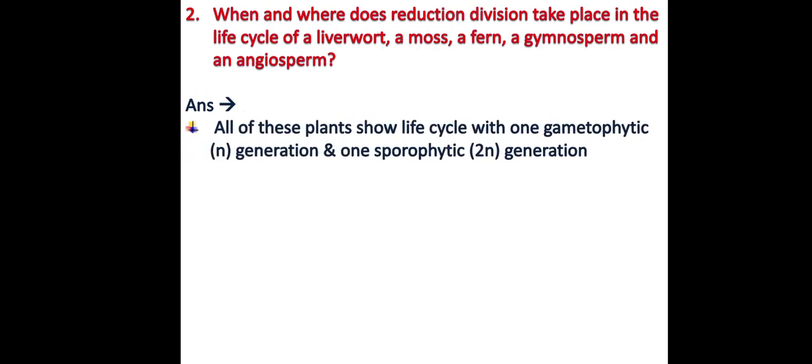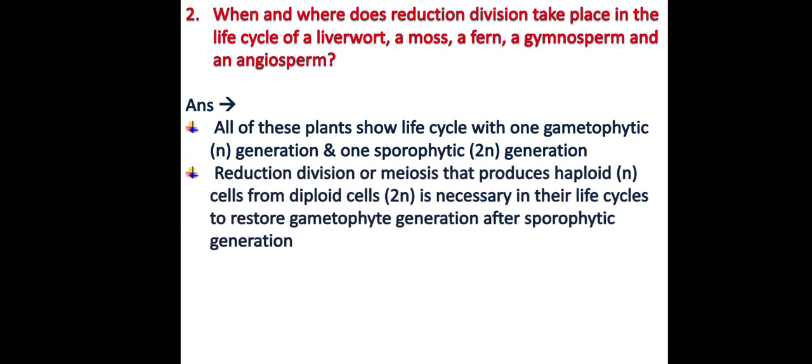All of these plants show a life cycle with one gametophytic generation and one sporophytic generation. Reduction division or meiosis, which produces haploid n cells from diploid 2n cells, is necessary in their life cycles to restore the gametophytic generation after the sporophytic generation.